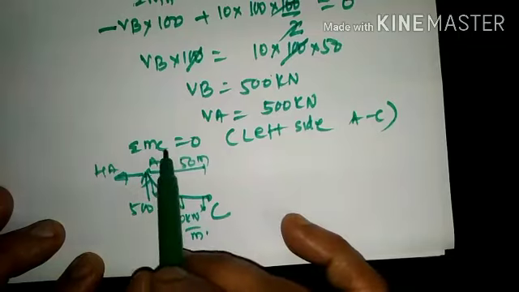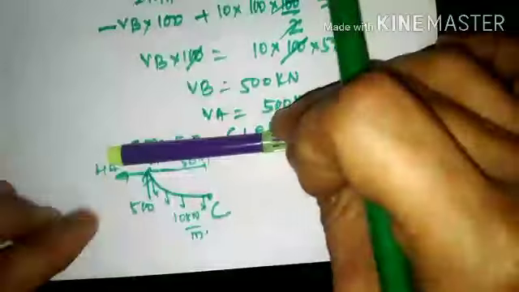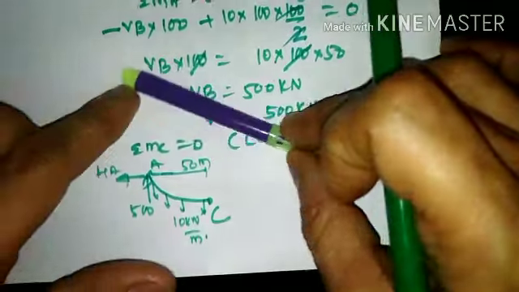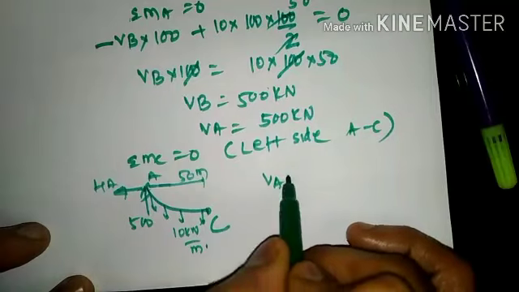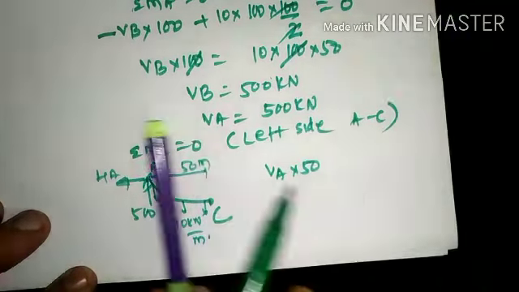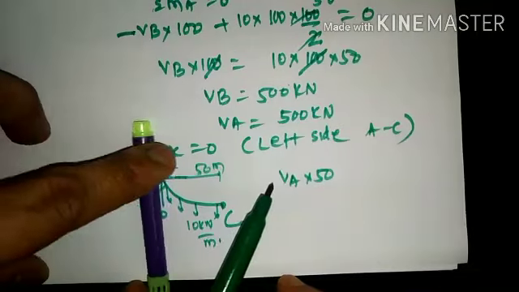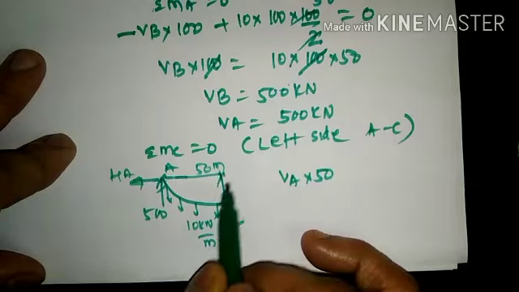Now I shall take moment with respect to C is equal to 0. So with reference to C, VA is upward which will rotate in clockwise direction. So VA into 50. Likewise with reference to C, HA is towards the left hand side which will rotate in anti-clockwise direction and the perpendicular distance shall be 8 meter.